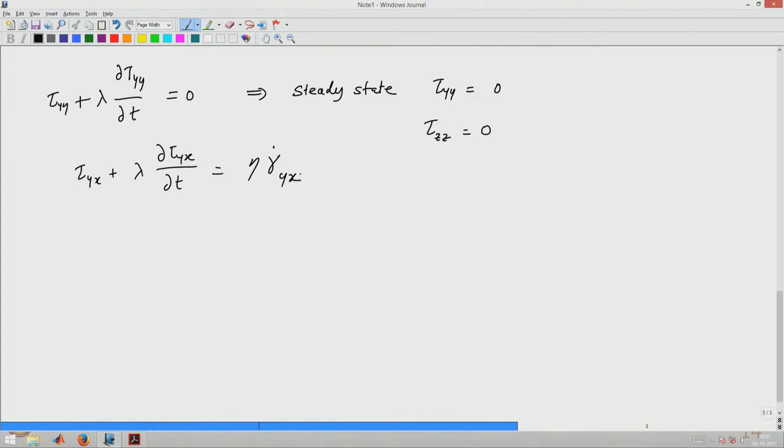So, what we can see clearly is that as far as viscosity, stress relaxation or oscillatory shear behavior are concerned, the upper convected Maxwell model response will be identical to the Maxwell model response.